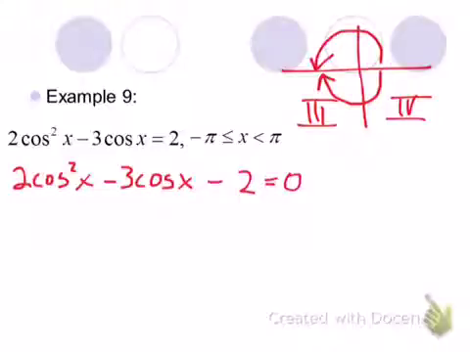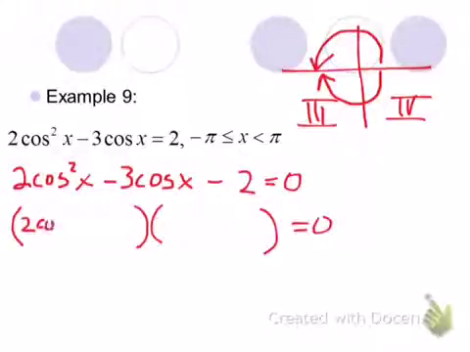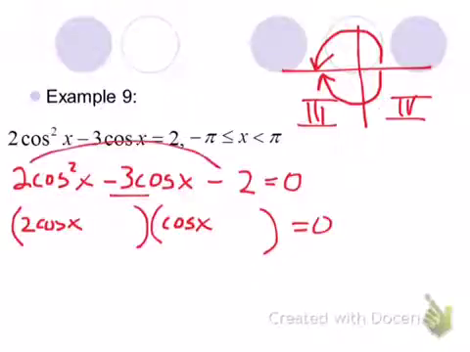And then we're going to factor this exactly the way we just factored that algebraic expression. So the only option for 2 cosine squared of x is going to be 2 cosine x times cosine x. And I have negative 3 cosine x that I have to get from 2 times negative 2, which is negative 4.